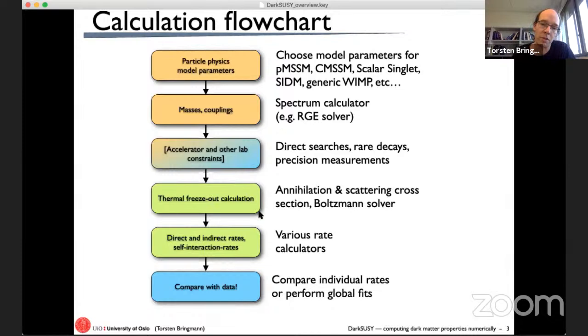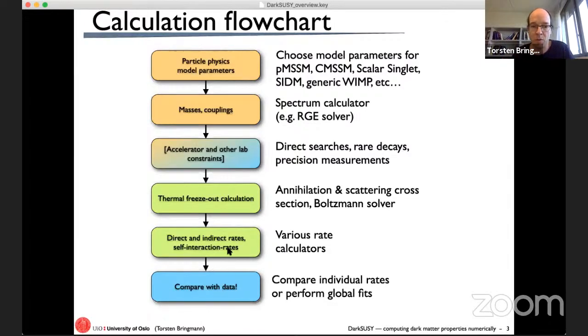An important aspect, of course, of dark matter is how to produce it in the early universe. So you want to make sure that your dark matter model is viable in the sense that it can explain the observed dark matter abundance that we see. And you want to calculate various rates and then compare them to actual experiments.